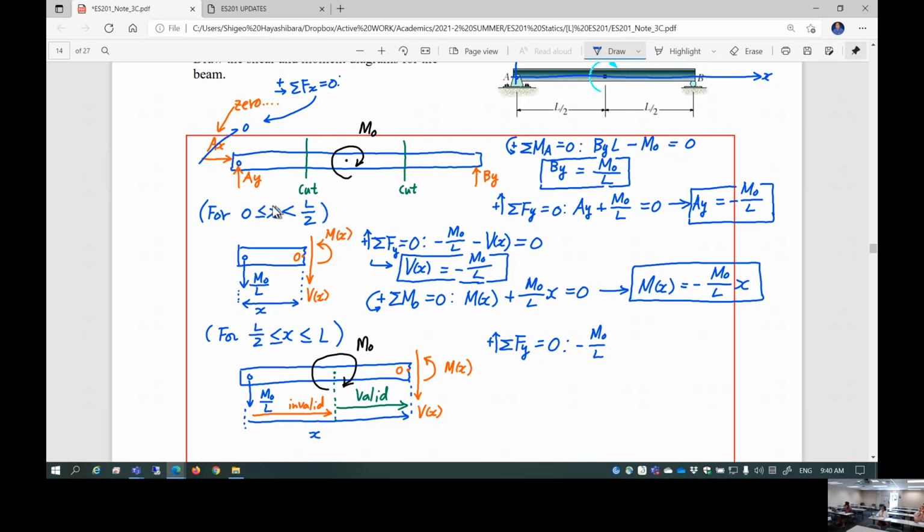So that means for the range from 0 to half L, I purposely ignored the effective moment M0. Then in the range of half L, you all of a sudden introduce M0, because this is going to dramatically change the internal shear and moment situation. So this is a kind of critical point. This seems to be better. Yeah, I tend to agree with your point. That's right.